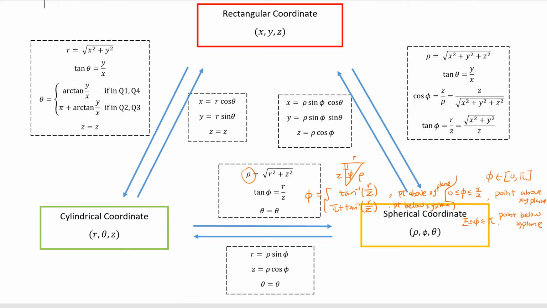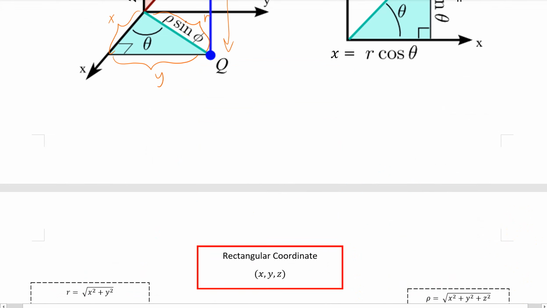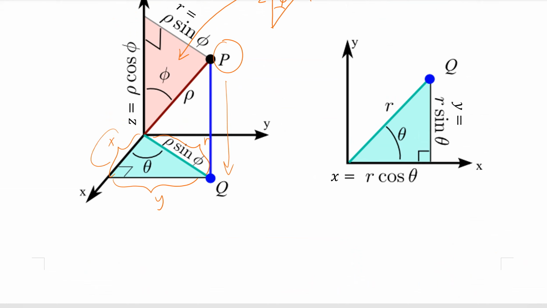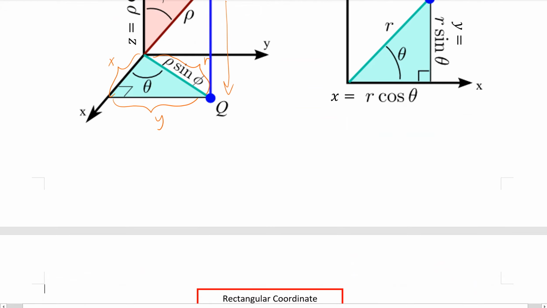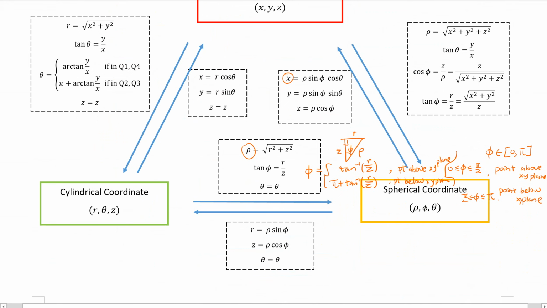If we know the spherical coordinates and we want to get the rectangular coordinates, think about what x is. Let's look at this picture. x is r times cosine theta, but r is rho times sine phi, so we can borrow this relation.